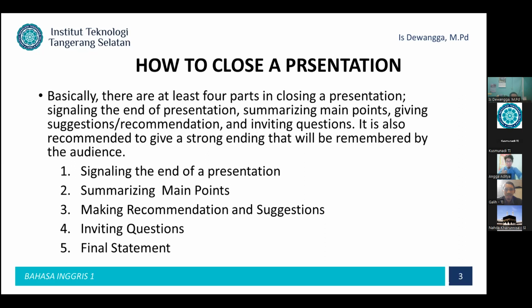But it is also recommended to give a strong ending that will be remembered by the audience, which is you have to give your final statement. So you have to have 5 parts. At least you have 1 to 4, but you should also put your final statement to close your presentation.